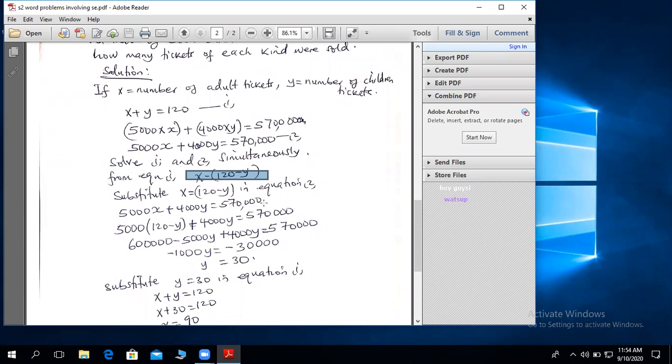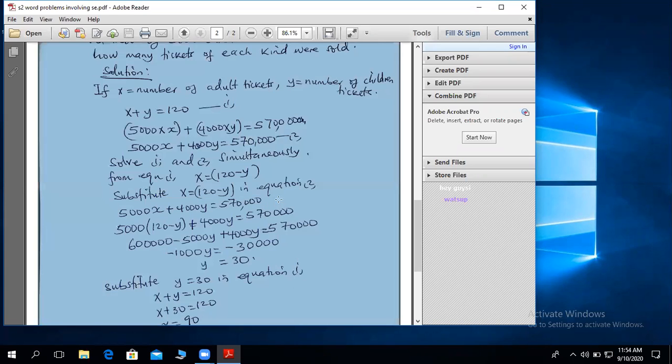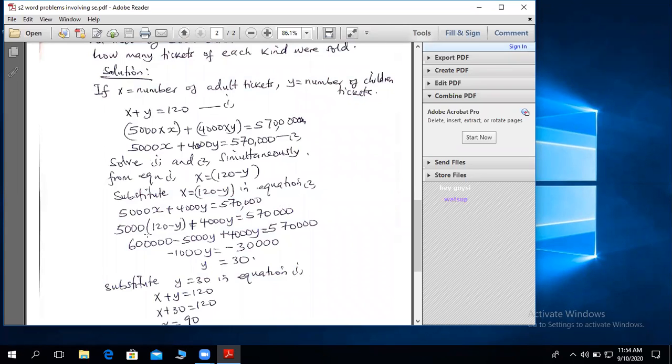That means in equation 2, where there is X, I put 120 minus Y, and I'm going to have 5,000 into 120 minus Y plus 4,000 Y equal to that one.